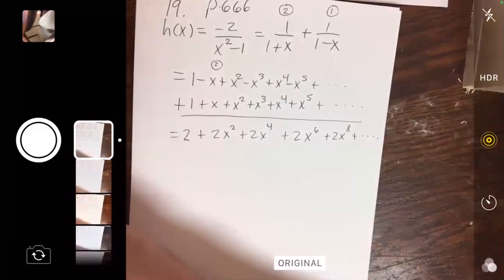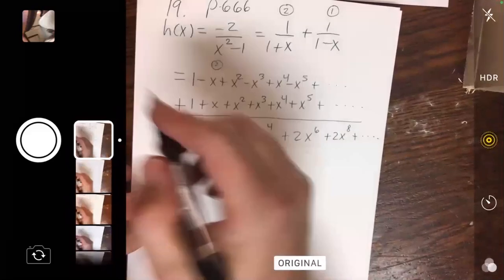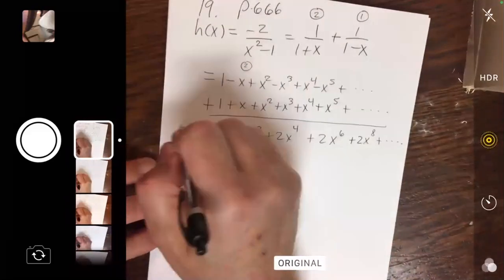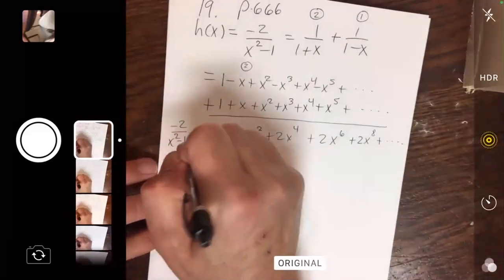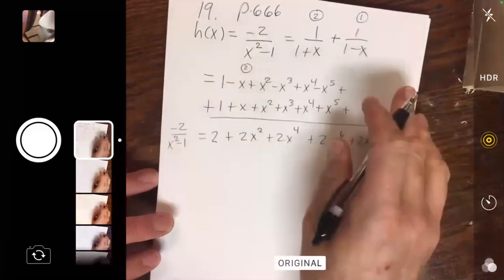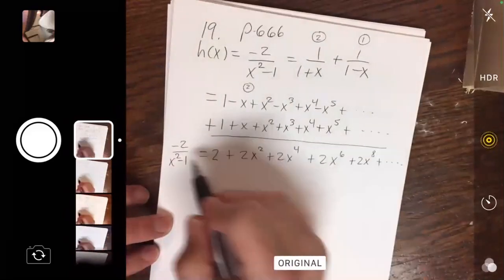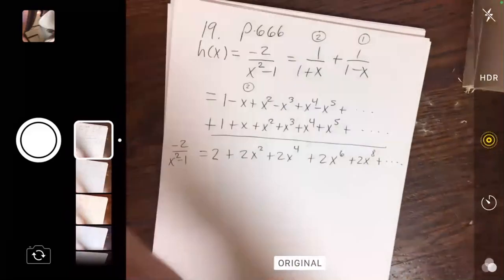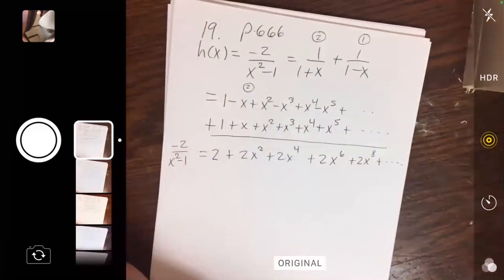Do you want to see the answer to this? Remember, this is supposed to give me an approximation to negative 2 over x squared minus 1. Anybody want to give me an x and we'll plug in this and plug in this? Or do we all believe? I think we all believe.